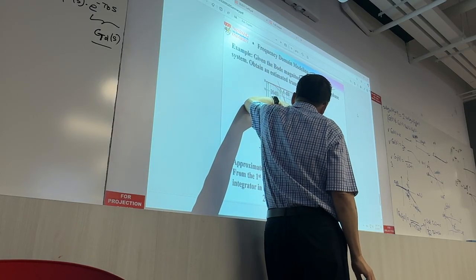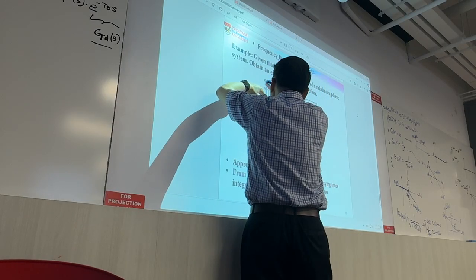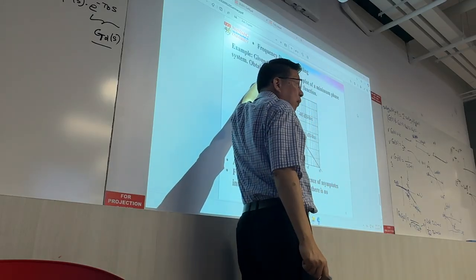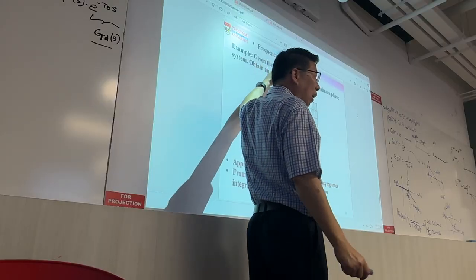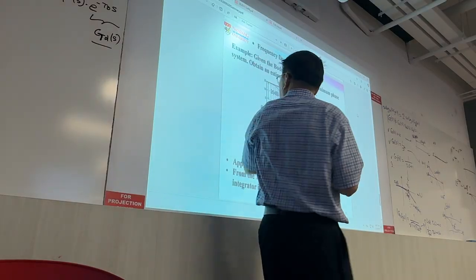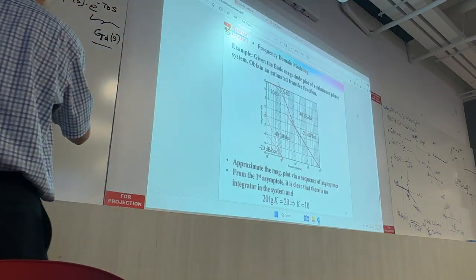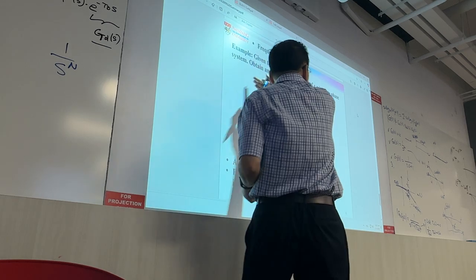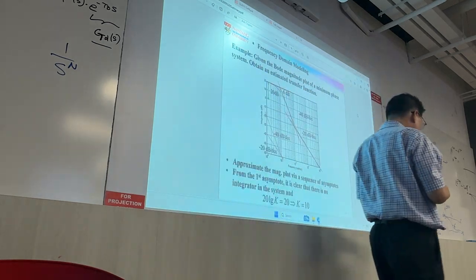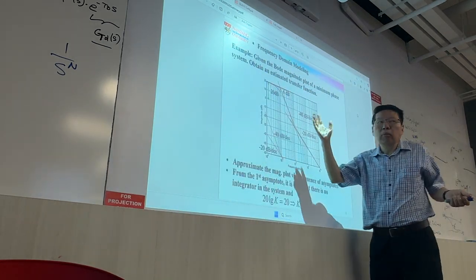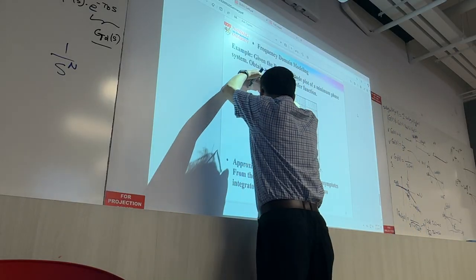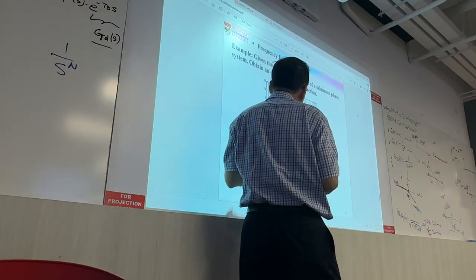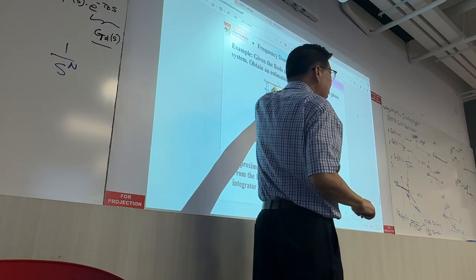And then if you have a 0 here, a flat one on the left portion, that means 1 over s to the n, where n will be equal to 0 if this is the left portion, giving you the flat one. So basically you fit in the 0, minus 40, minus 20, then you know the corner frequency.